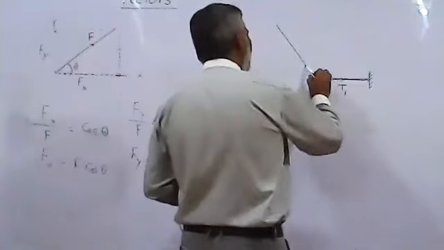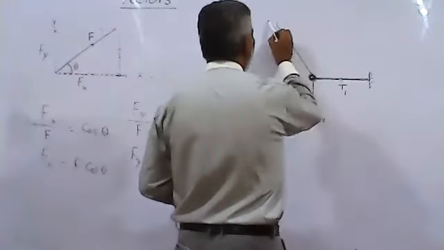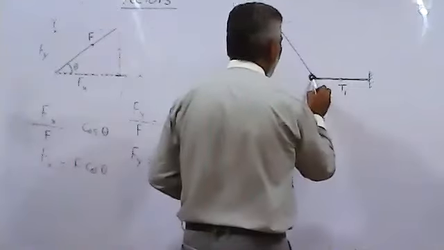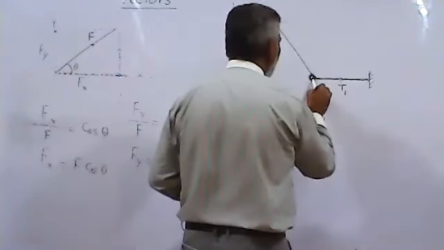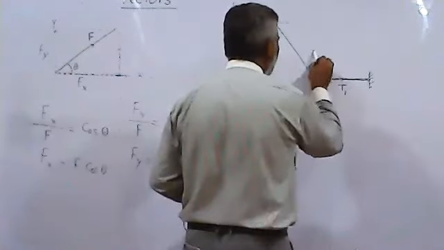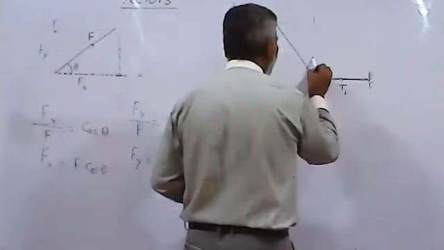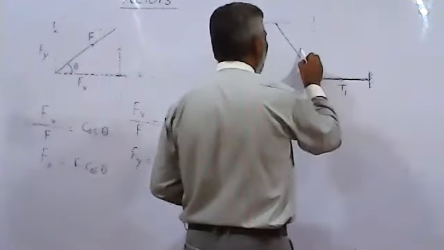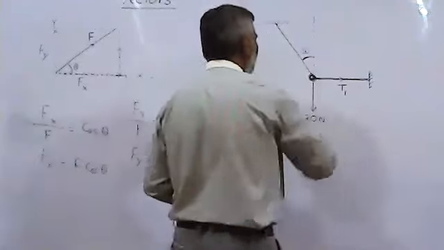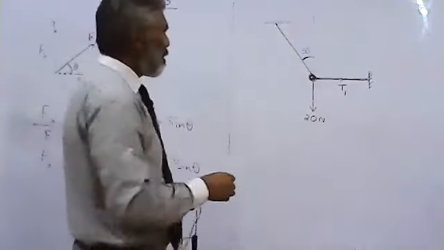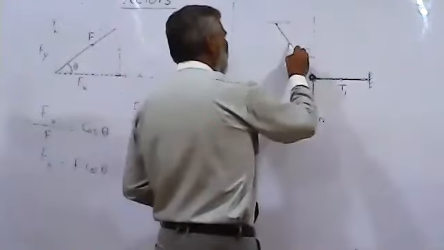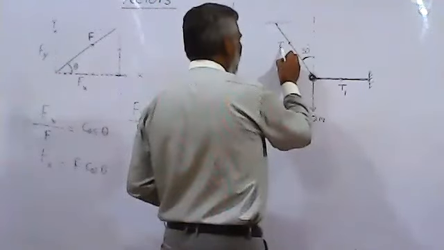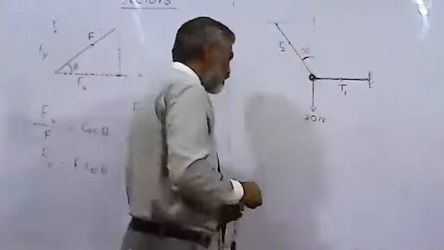This is yet another string that you have tied here with the ceiling probably, and it makes a certain angle with the vertical, and that is also known. Let's say this angle is known and this is 30 degrees. This tension is still an unknown quantity, and let's label it as T2.